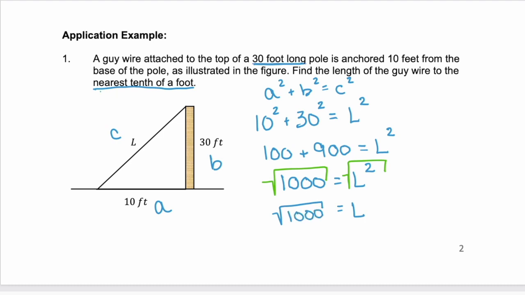But remember, we want to know the nearest tenth of a foot. So it wants us to approximate the square root. So if we plug 1,000 and take the square root into our calculator, we get that L is approximately equal to 31.6 feet. Don't forget that unit of measurement.